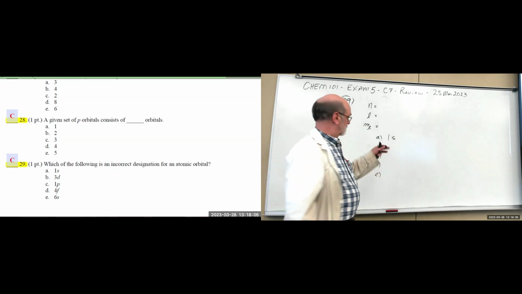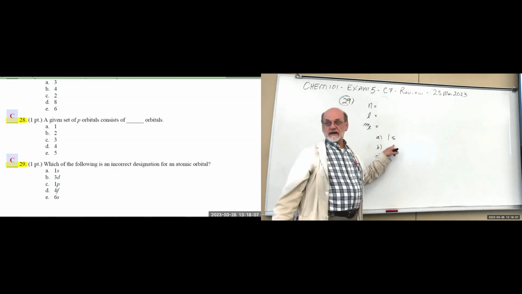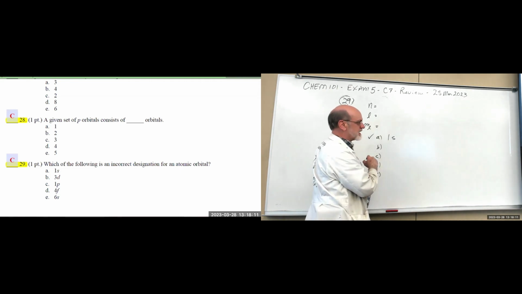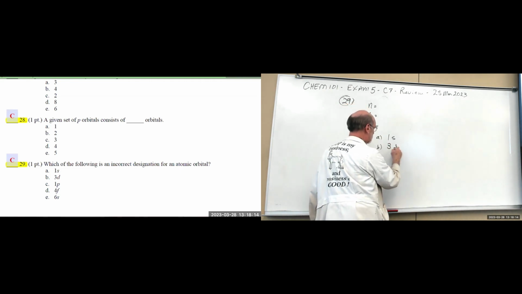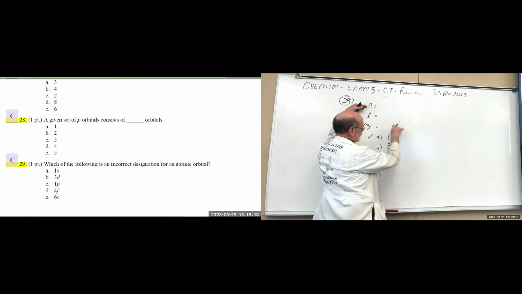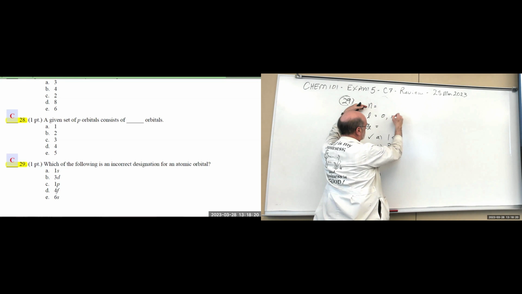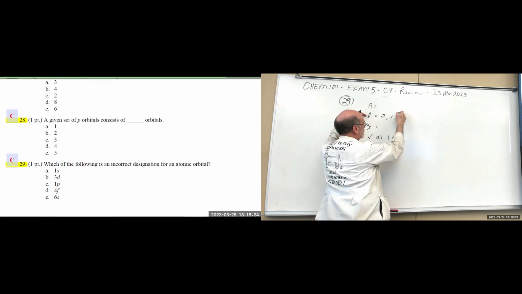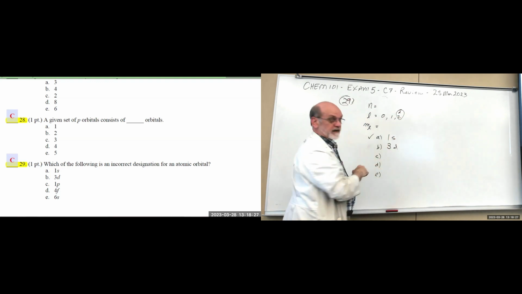Is that correct? Yeah, you can have an s orbital for 1. That's good. How about B? 3d. Well, 3 would be 0, 1, and 2, and SPD. Yeah, that's correct.